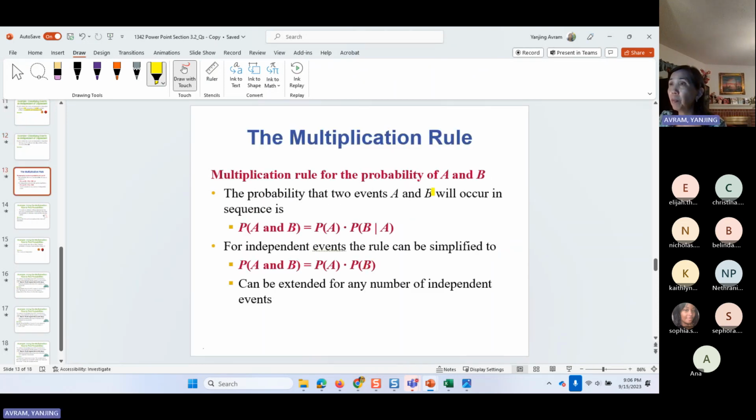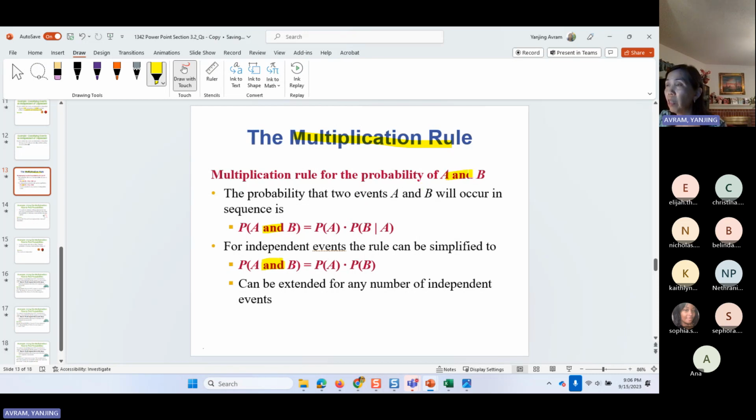We're going to look at the multiplication rule. For the multiplication rule, you have to look at whether the events are dependent or independent. Sometimes people ask, how do I know whether this is a multiplication rule or an addition rule? Later on we'll talk about the addition rule as well. If you have an "and", usually it's multiplication.